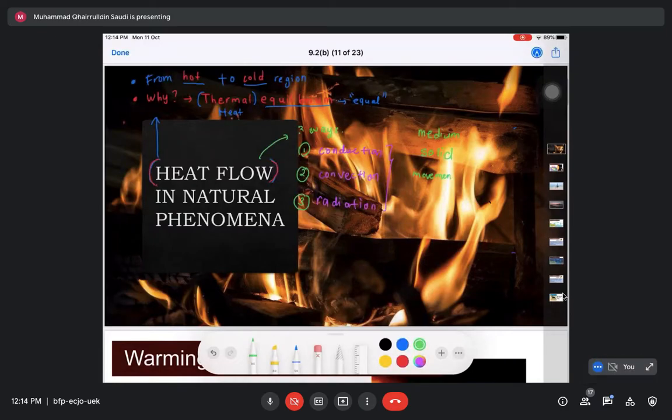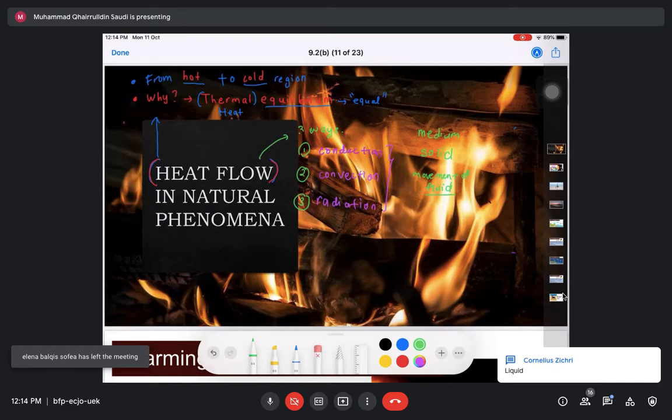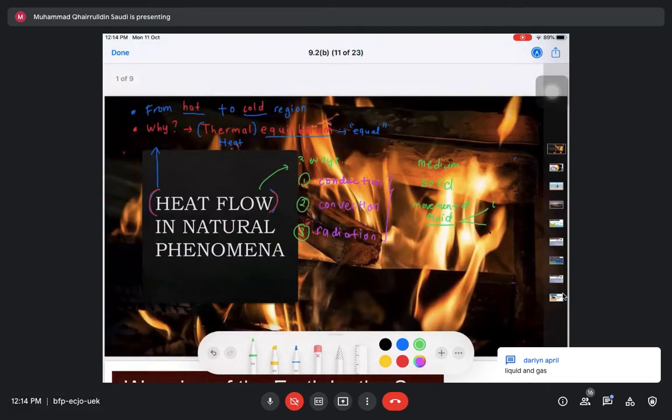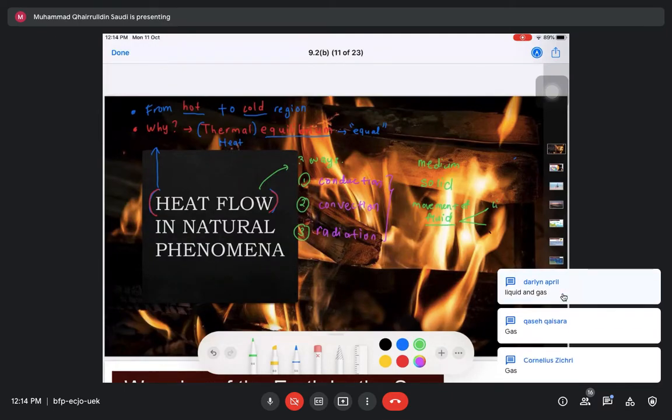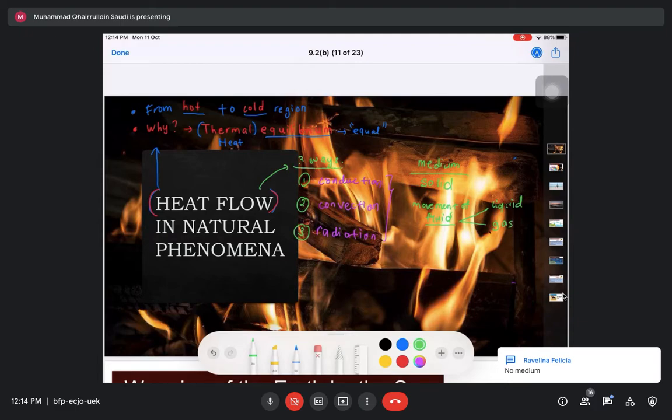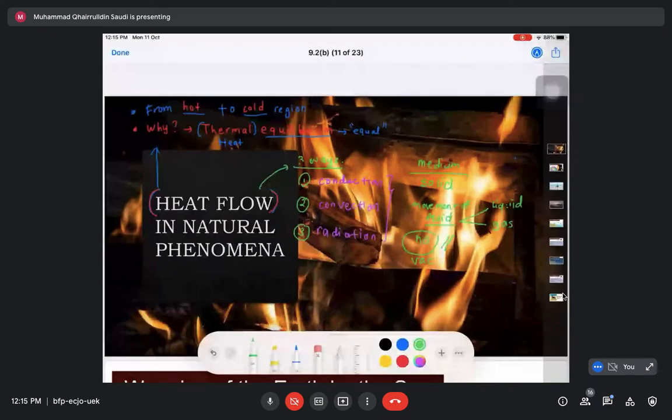Fluid tu apa? What is fluid? Liquid and? Gas. Good job. Thank you very much. And lastly, radiation. Radiation has no medium, or we call it vacuum. Good job.